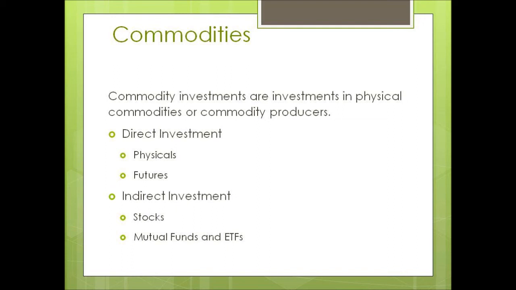Futures are available on most commodities such as oil, gold, natural gas, agricultural products such as cattle or corn. Or you can get access to commodities through indirect investments by buying stocks or buying mutual funds or commodity ETFs.